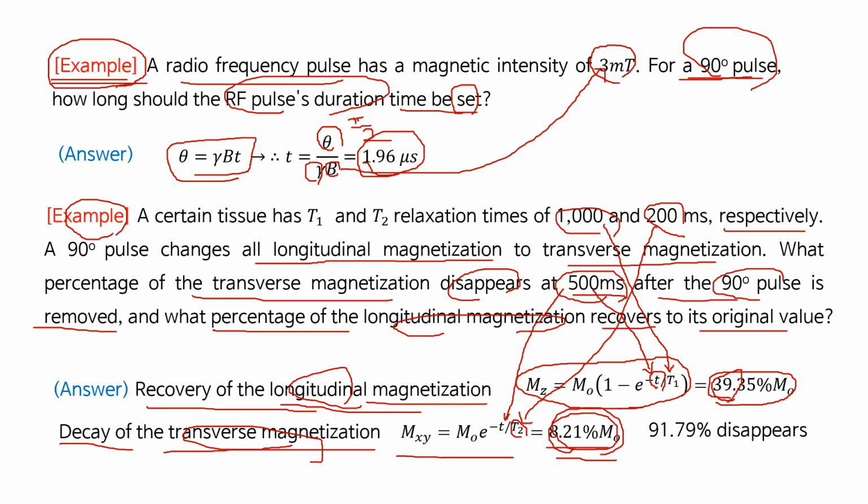So the question is the percentage of transverse modulation that disappears, right? So at this time, 500 milliseconds, 92% of original transverse modulation disappears. Okay.